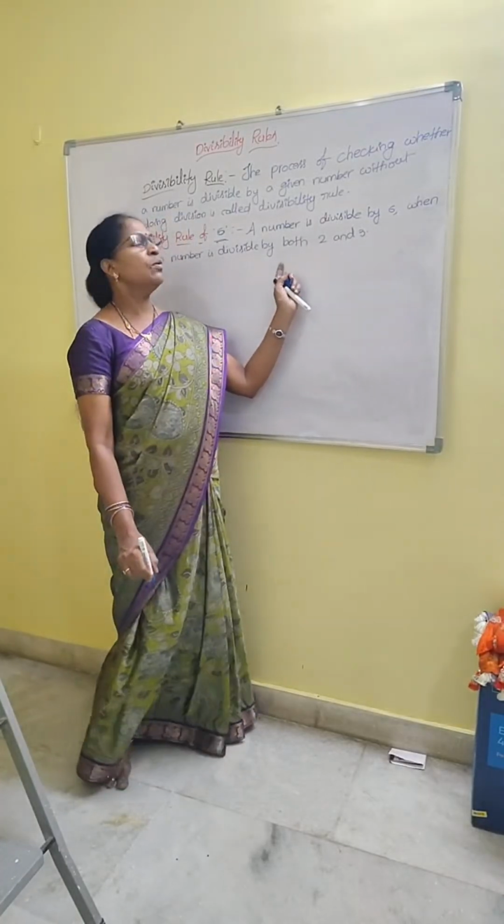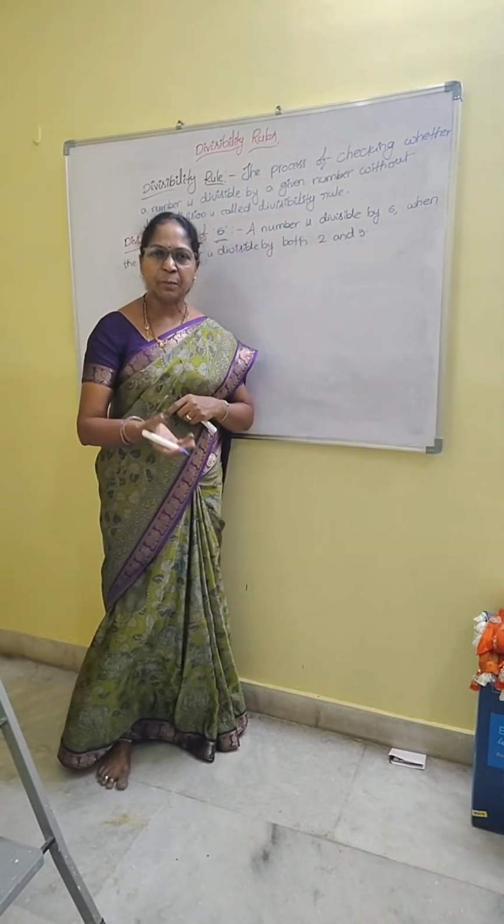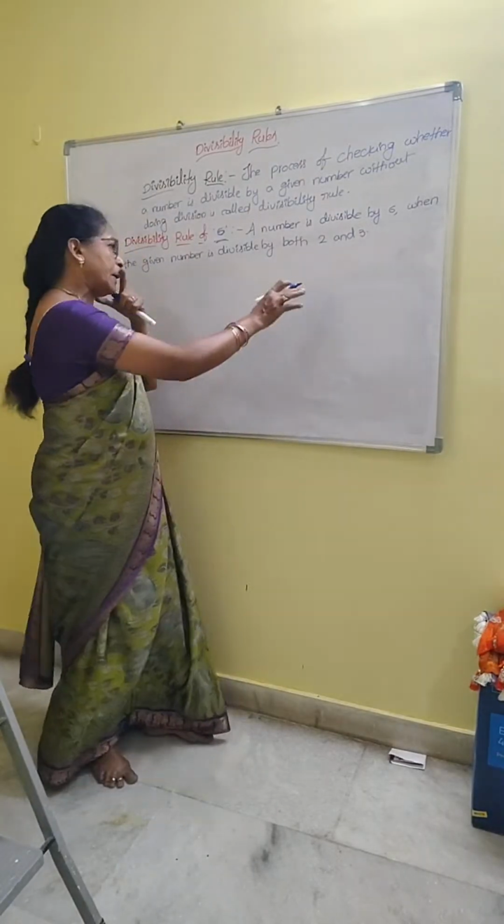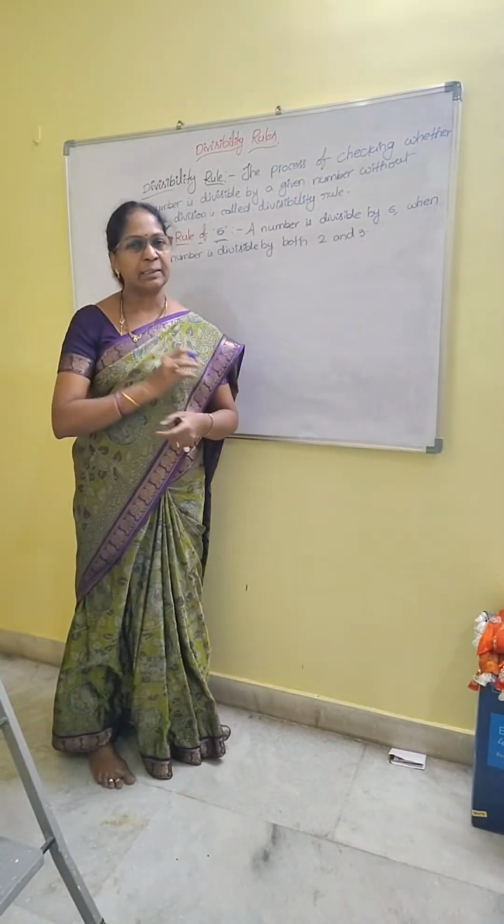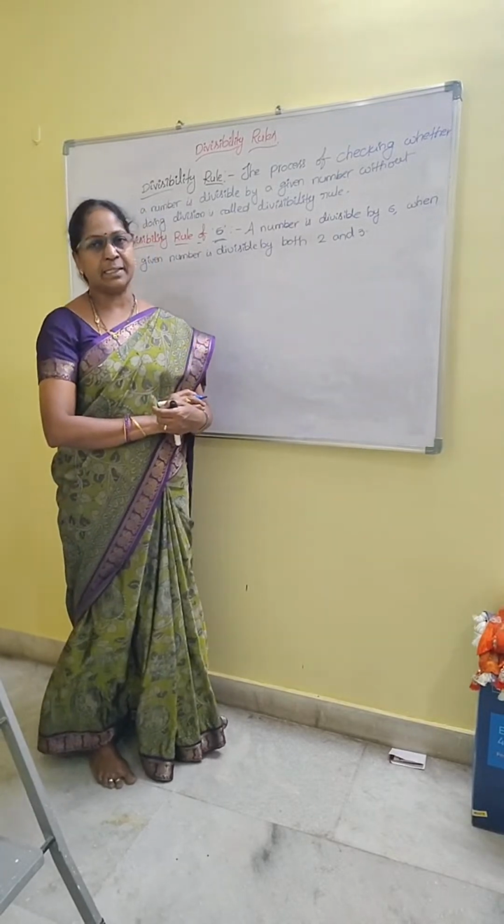Here the divisibility rule of 6 is: a number is divisible by 6 when the given number is divisible by both 2 and 3. That is the divisibility rule of 6.